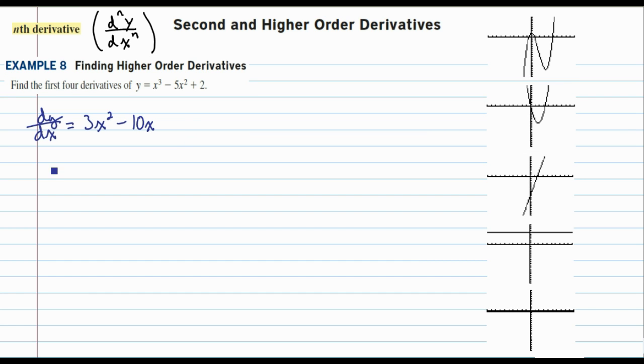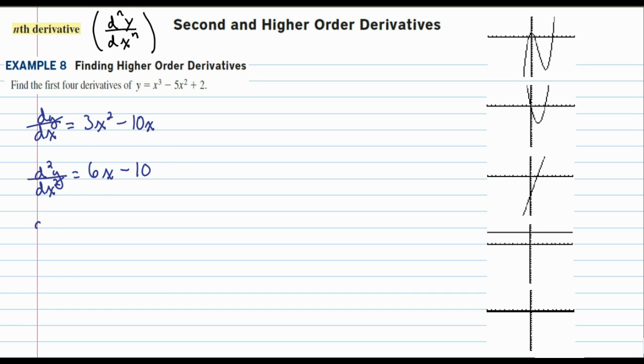Now the second derivative is going to be d2y over dx squared. And then that derivative will be 3 times 2, which is 6x to the now first, and then minus the derivative of 10x, that's x to the first, so we bring 1 times 10 is still 10, and now it's x to the 0, so we don't have to write that.